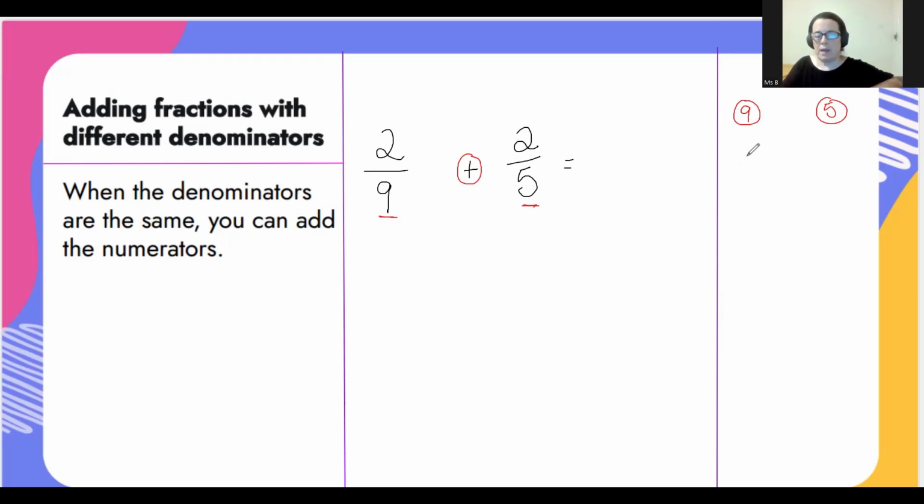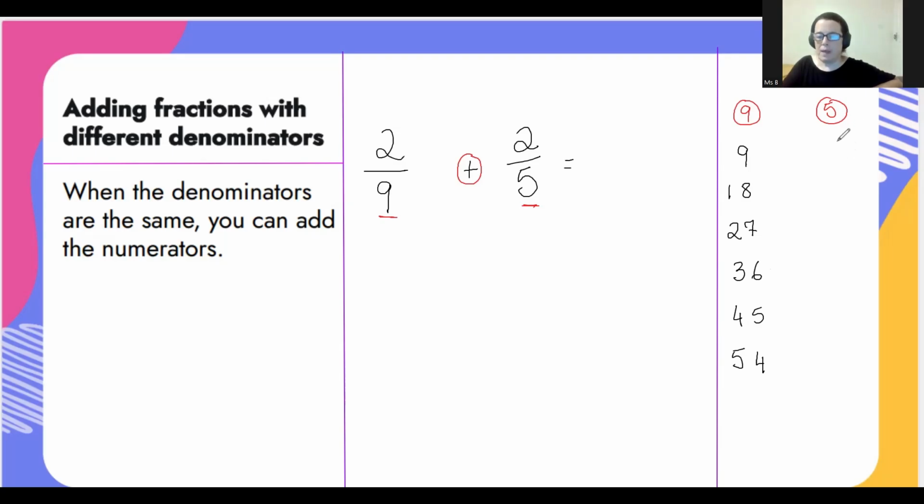So let's do our 9 times tables. I'm going to do the first 5 or 6. 9 ones are 9, 9 twos are 18, 9 threes are 27, 9 fours are 36, 9 fives are 45, 9 sixes are 54.